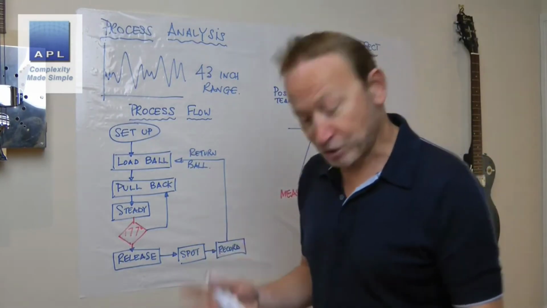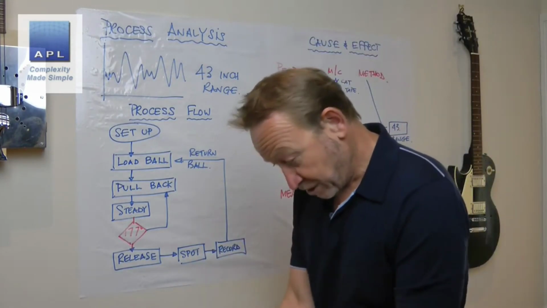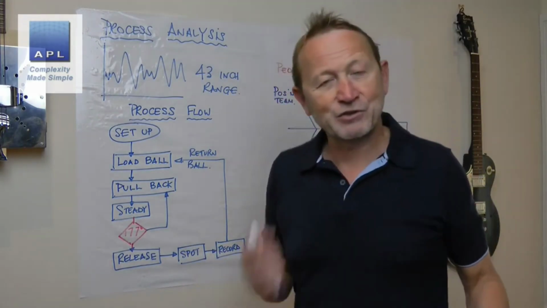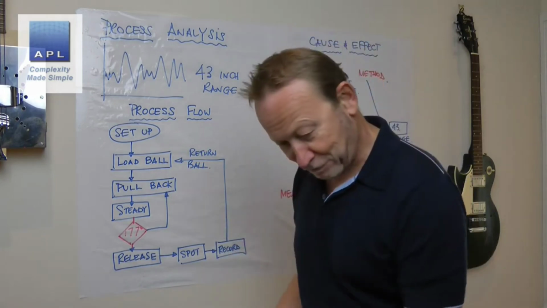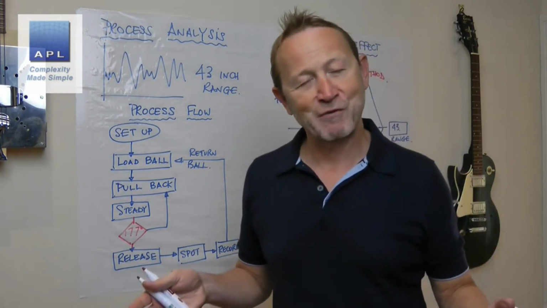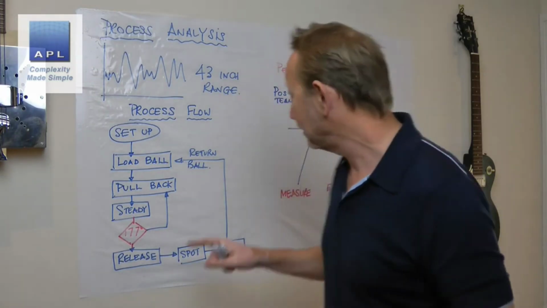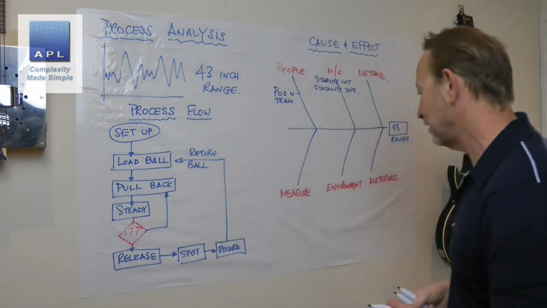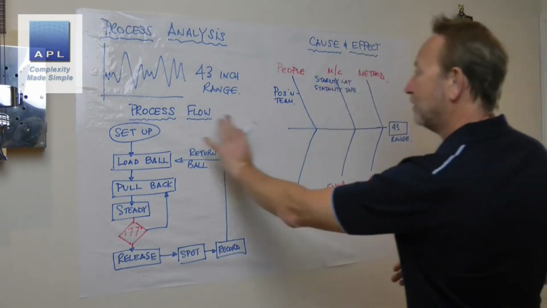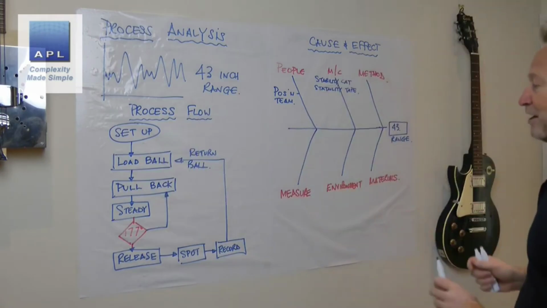So the person who's going to spot where the ball lands, where do they stand, first of all? Well, they could be anywhere, couldn't they? And if they stand at 50 inches and the ball lands at 80 inches, there's a good chance they won't be able to read the tape correctly. So the position of the team is kind of important at the setup. Let's have a look. Anything else? Setup. I don't think so.